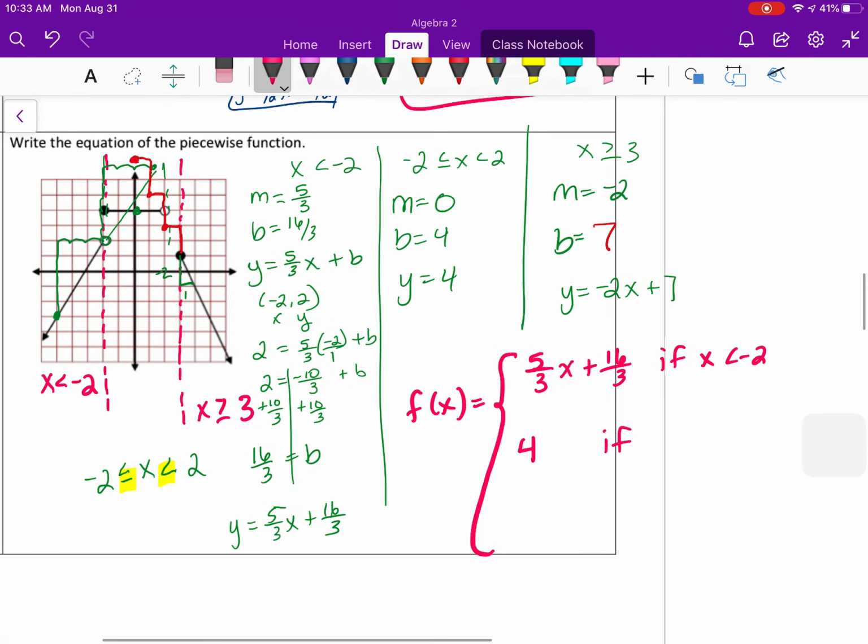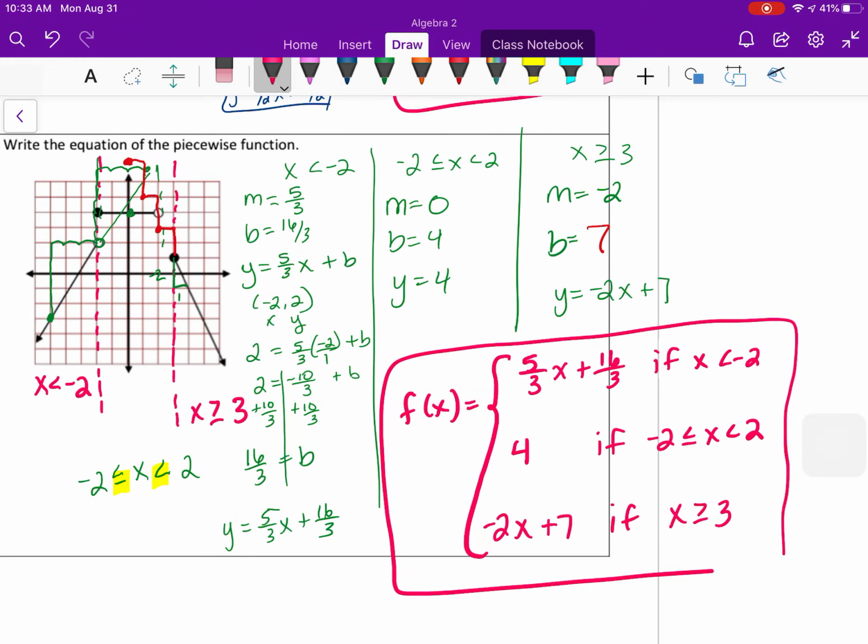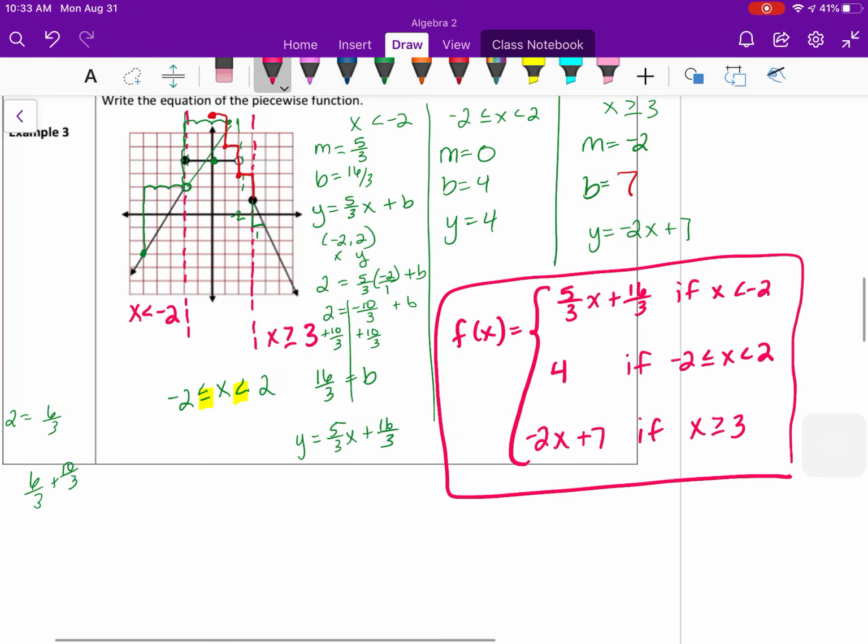That was if x was between -2 and 2. And the last one was -2x plus 7 if x was greater than or equal to 3. And that's putting it all together there.